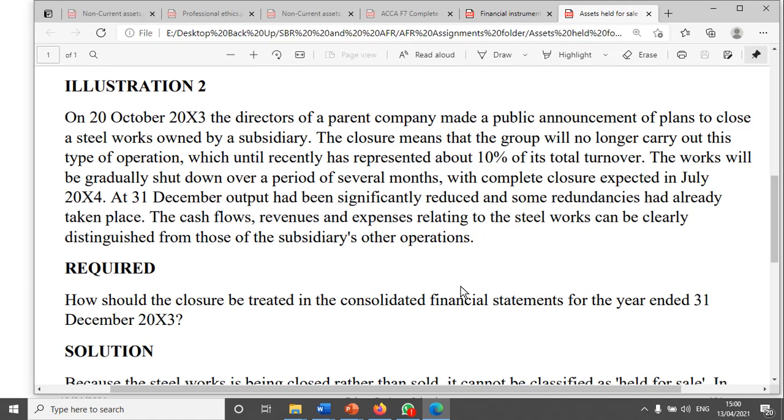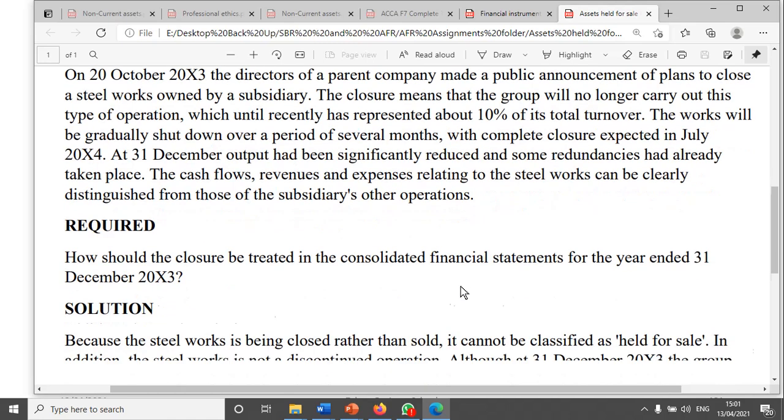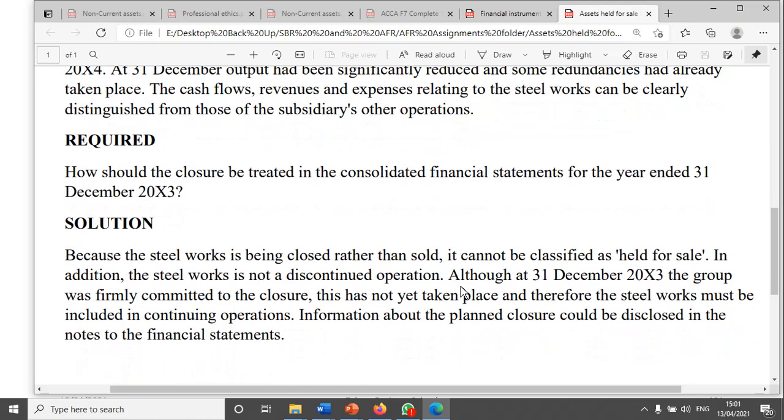The cash flows, revenues, and expenses relating to the steelworks can be clearly distinguished from those of the subsidiary's other operations. Required: how should the closure of the steelworks be treated in the consolidated statements for the year ended 31st December? Because the steelworks is being closed rather than sold, it cannot be classified as held for sale.